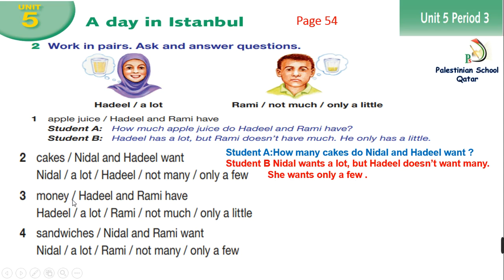Number three. Did you guess about number three? Money. And be careful, is money countable or uncountable? It is uncountable. So we can say how much.